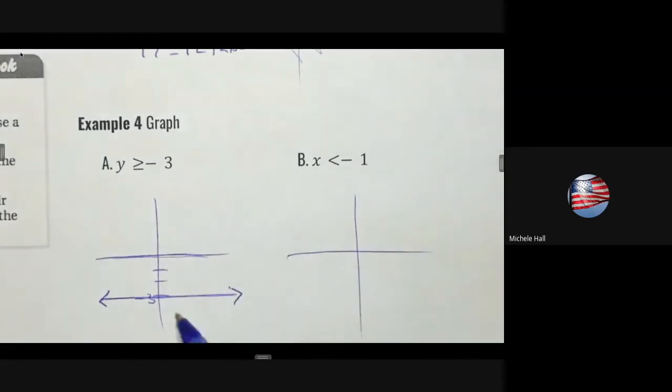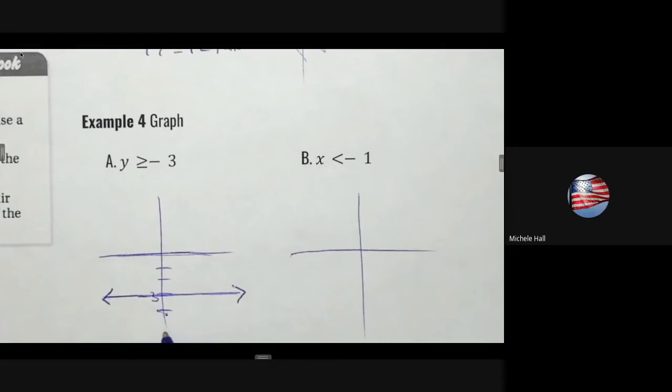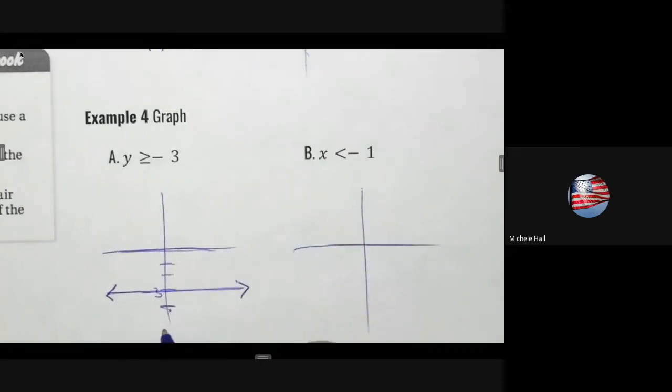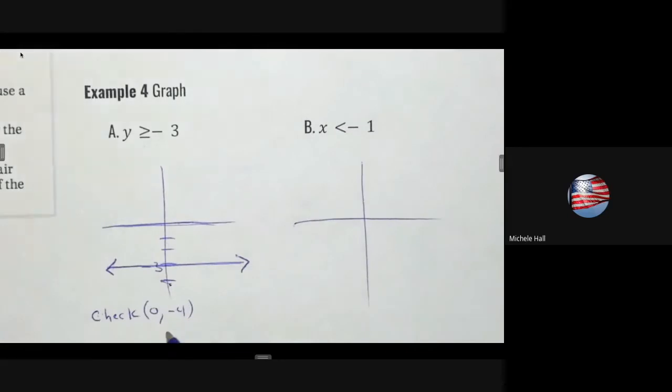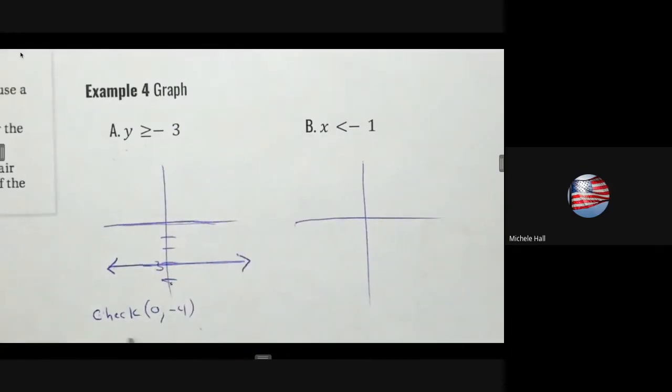Well, let's pick this point down here, 0, -4. All right, so we don't have an x to substitute in for. All we have is a y value. So we're going to substitute in -4 for the y. Is -4 greater than or equal to -3? False.